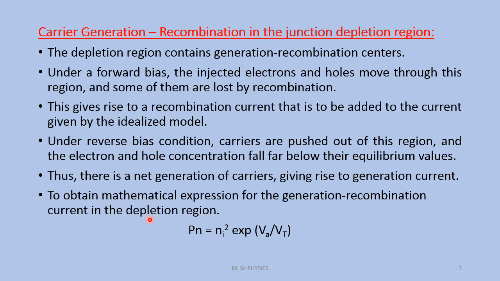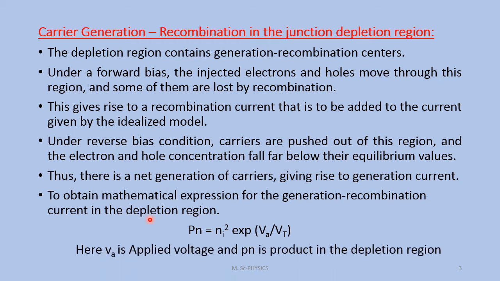Now we discuss the mathematical expression for the generation recombination current in the depletion region. Here pn is equal to ni squared exp(Va/Vt). Here Va is the applied voltage, and pn is the product in the depletion region.